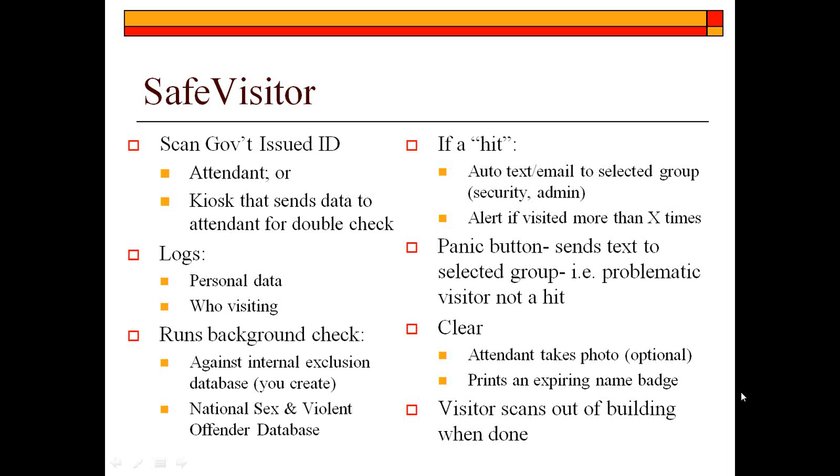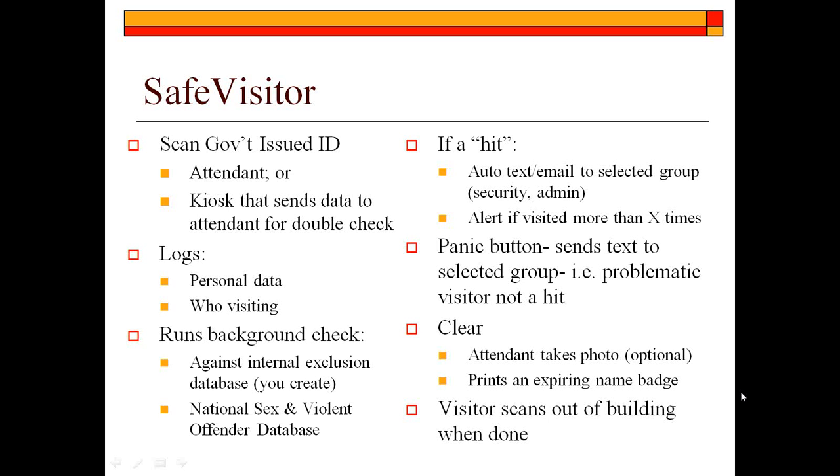The idea there is twofold. One, at the end of each day, after normal business hours, the system will automatically clear everybody out. But if you have a lockdown situation, this will give you information so you know exactly who's in the building at any given time.